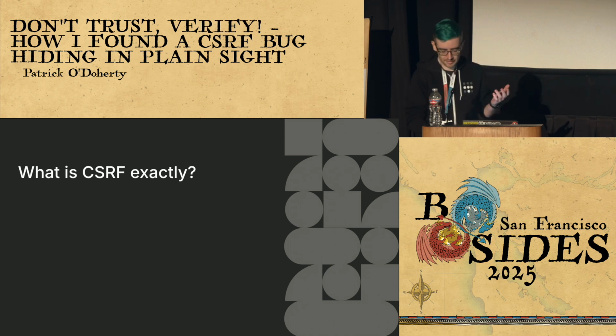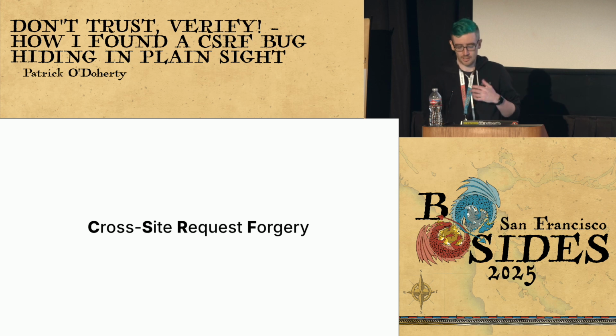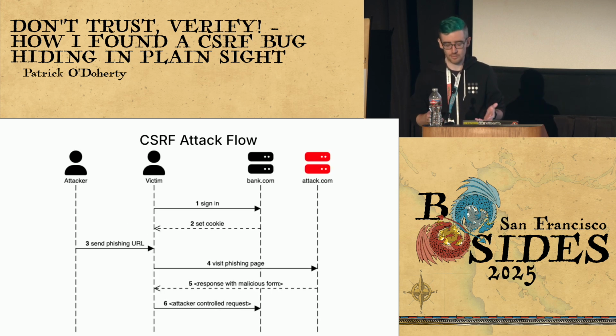So what is CSRF? It stands for Cross-Site Request Forgery. And this is, in fact, one of the older forms of vulnerability that exists on the web. It's essentially an attack where an attacker tricks a victim and their browser into making requests on their behalf. So it's helpful to consider the problem from the perspective of an attacker. They know of a website, bank.com, and a money transfer form, and they want to make requests to that endpoint, impersonating Alice.